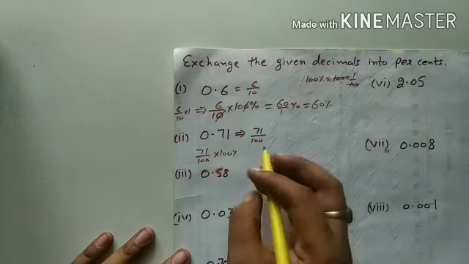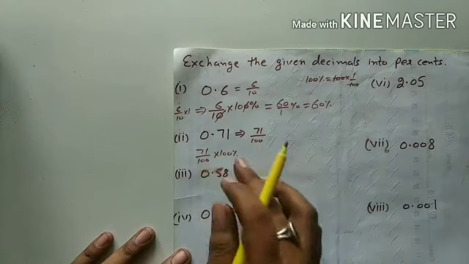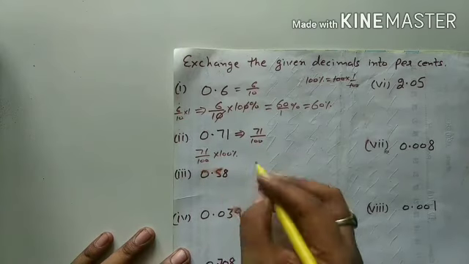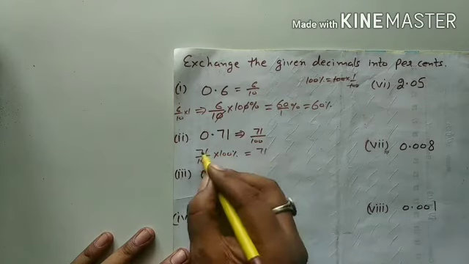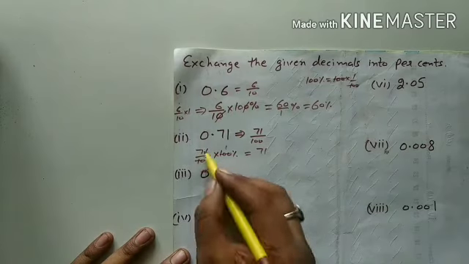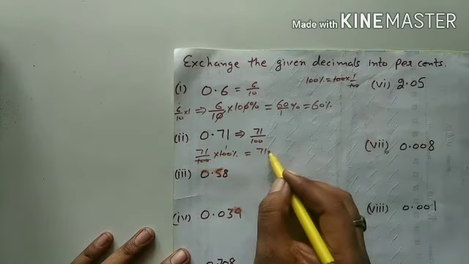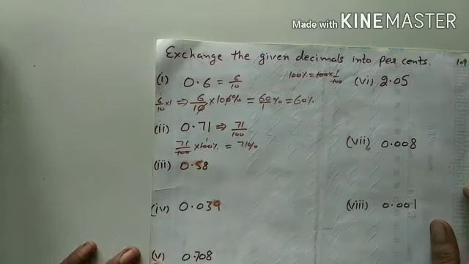Whenever you have to make anything into percentage, you will multiply it with 100 and the percent symbol. Now 100 cancels with 100, so what is left? 71 multiply 1, that is 71, and the answer is 71%. In this way we can write the answer.